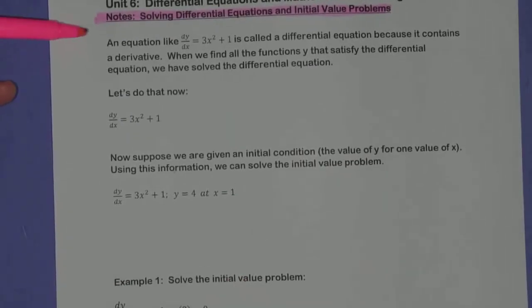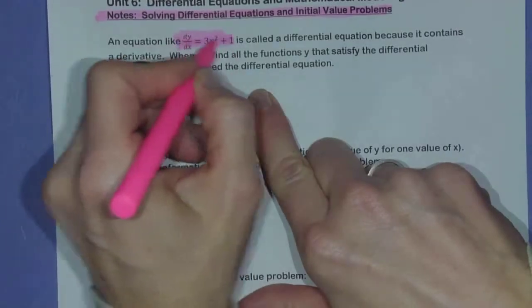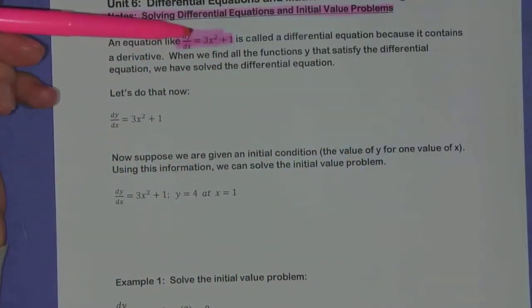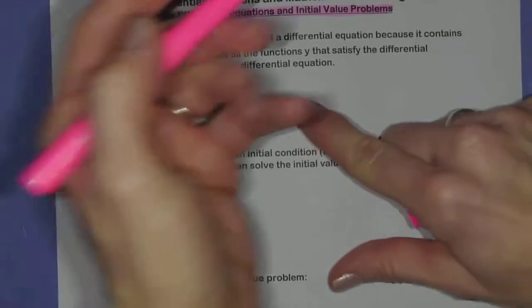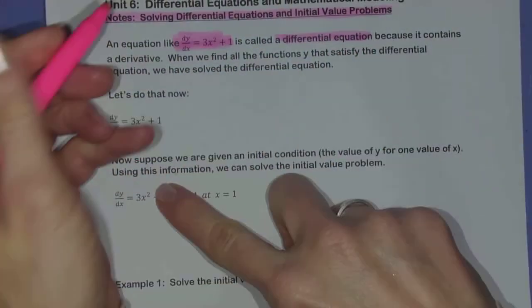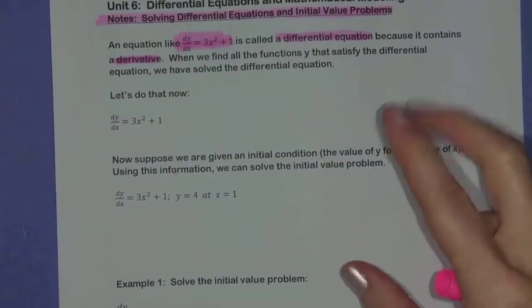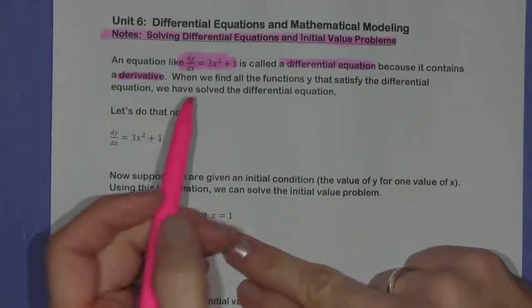It says, an equation like, and I'm going to highlight this, an equation like dy/dx equals 3x squared plus 1 is called a differential equation, because it contains a derivative. So that should look familiar from your math past.